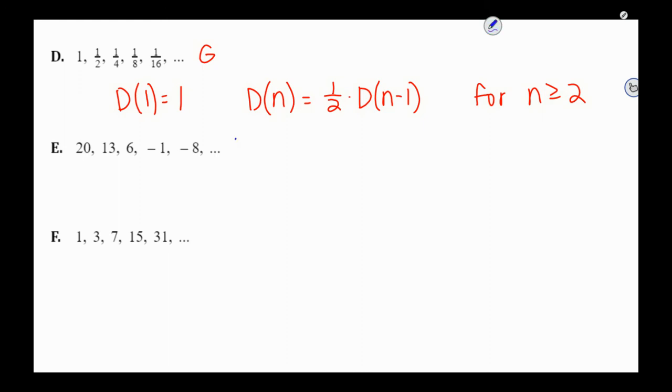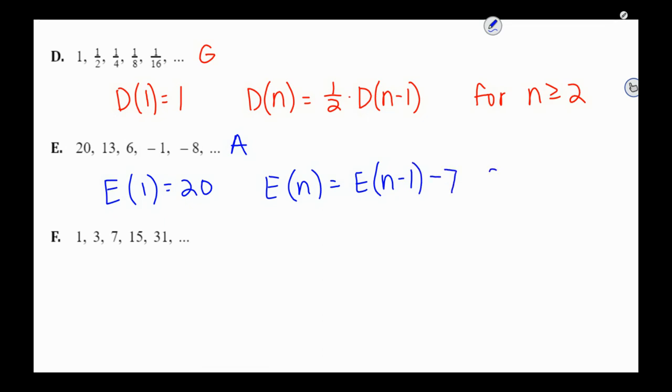Okay, this next one was arithmetic, because they're subtracting 7. Our first term was 20. So you take the term before it, E of n minus 1, and subtract 7, for n greater than or equal to 2.